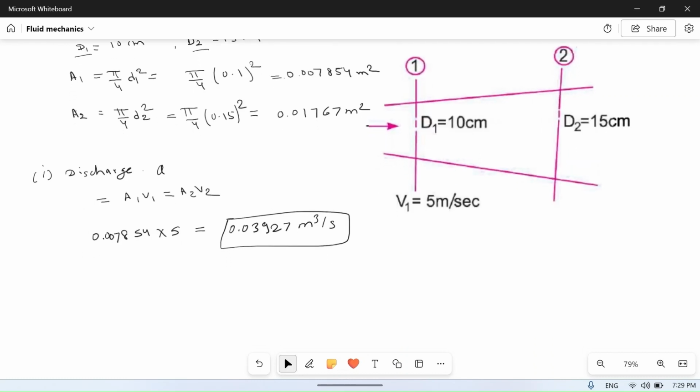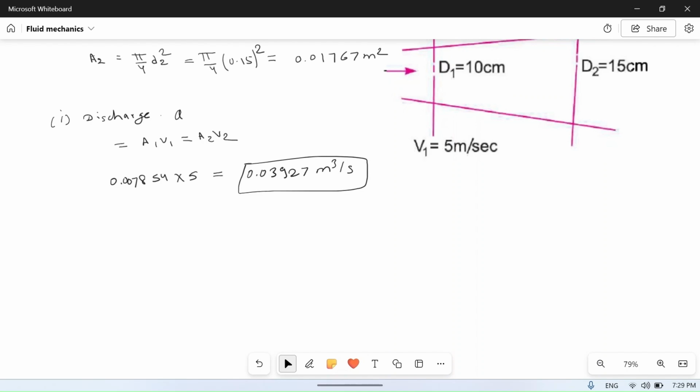Now we have to find velocity at point 2. So conserving the mass, A1 V1 is equal to A2 V2. We are assuming that it is incompressible flow.